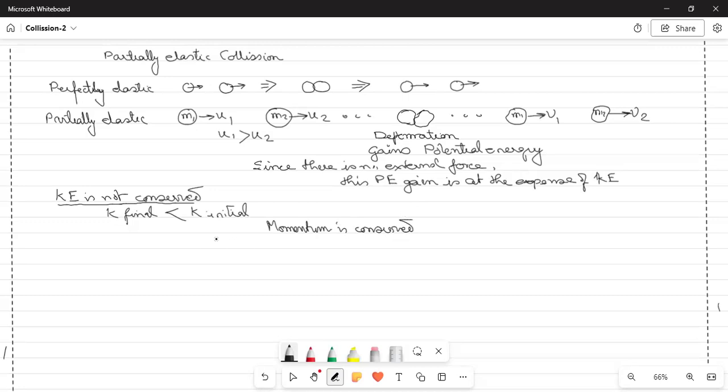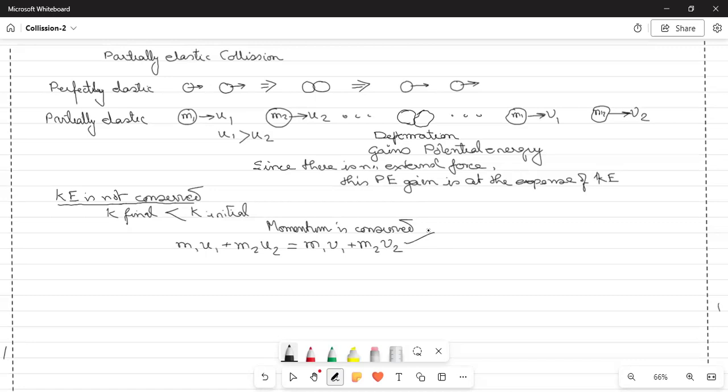If momentum is conserved, then as usual, M1 U1 plus M2 U2 will be equal to M1 V1 plus M2 V2. So this equation anyway holds good.